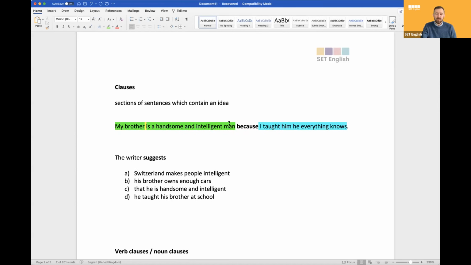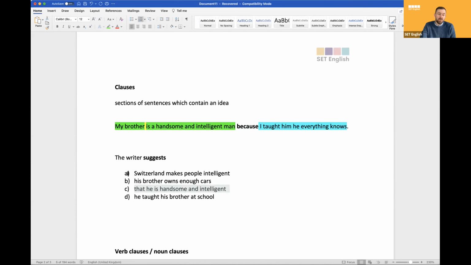My brother is a handsome and intelligent man. Now, why? If somebody's got because in the middle, you should be thinking, I want to know why. I've got to finish this sentence to try and work it out. I taught him everything he knows. So if he is handsome and intelligent and I taught him it, then that suggests that I am also handsome and intelligent.